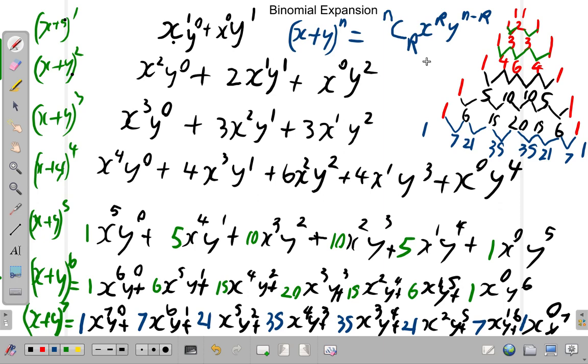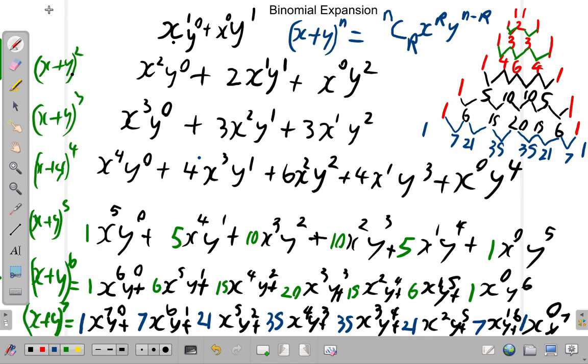Now, let us look at this formula and see how it works in the expansion x plus y to the power of 1. Here, nCr, what that will give you, you have 1x and 1y, and the power will be 1.